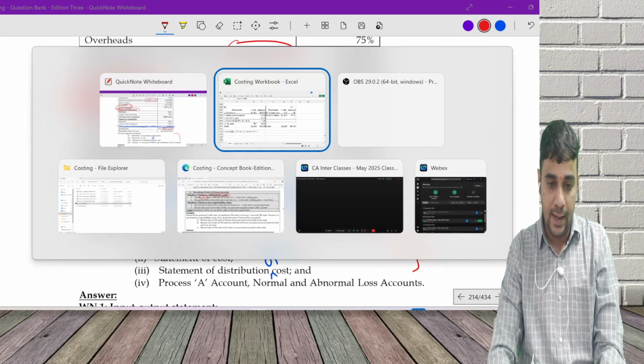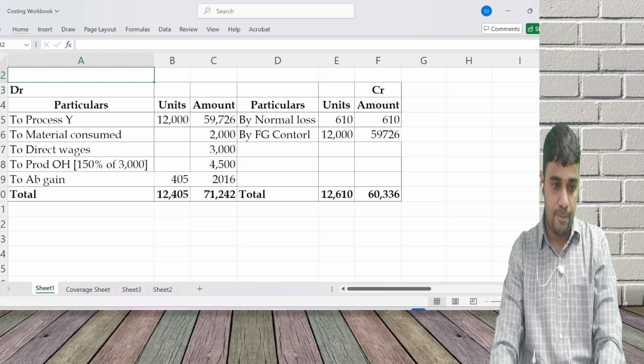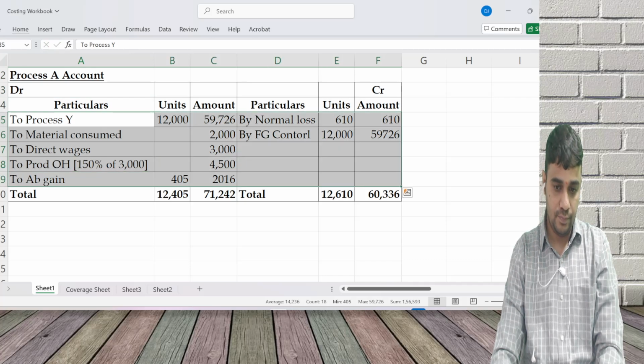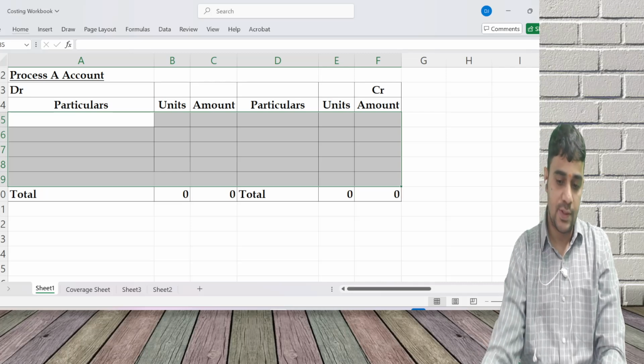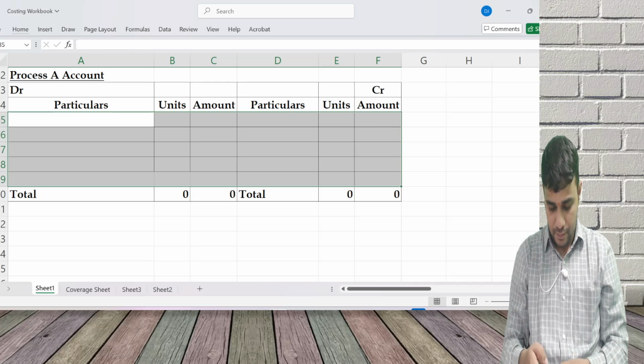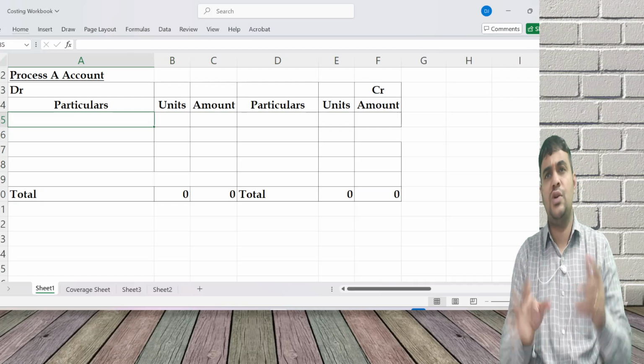So open process A account, particulars, units, amount. Process A account. As you write your debit side, first item is what?